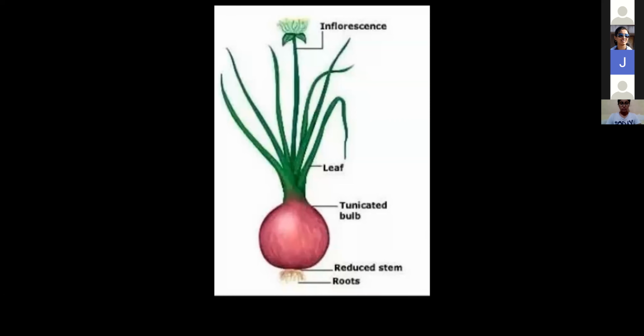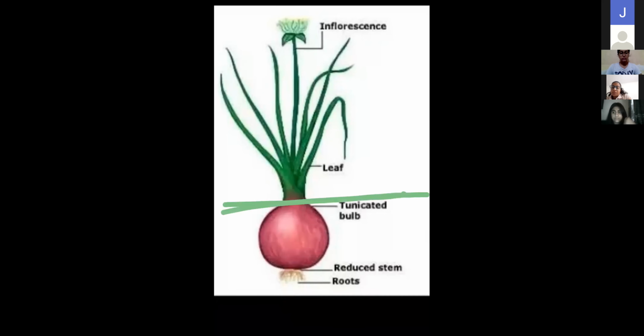Okay, by looking you must have figured it out. This is which one? This is what? Zil, tell me. Onion. Onion, correct. This is actually the underground part of onion.